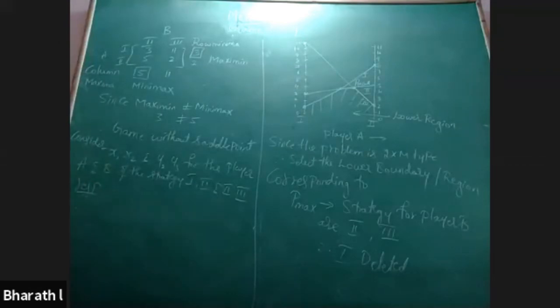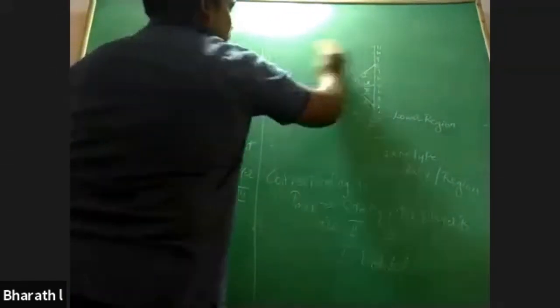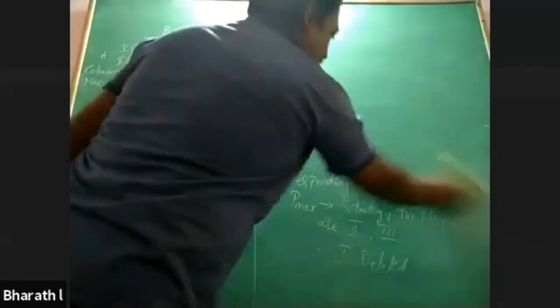Then after getting the probabilities, you need to calculate the values for x1, x2, y2, y3. It is the same as the previous problem.